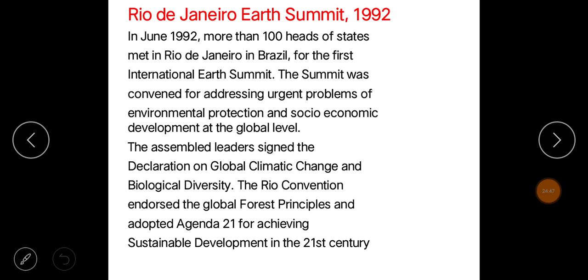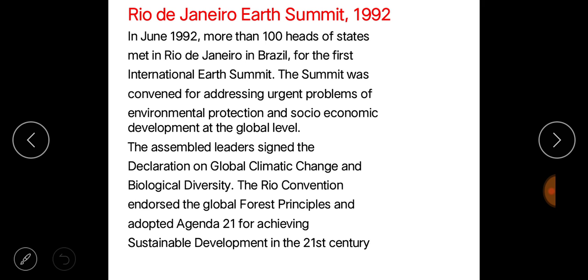For sustainable development, the first Earth Summit took place in Rio de Janeiro, Brazil, in June 1992.